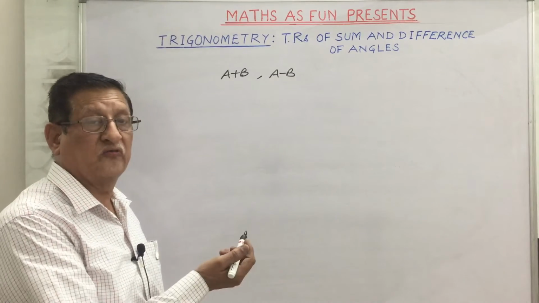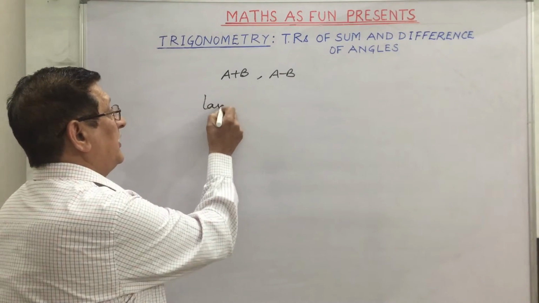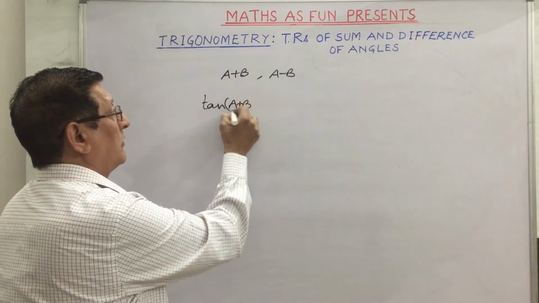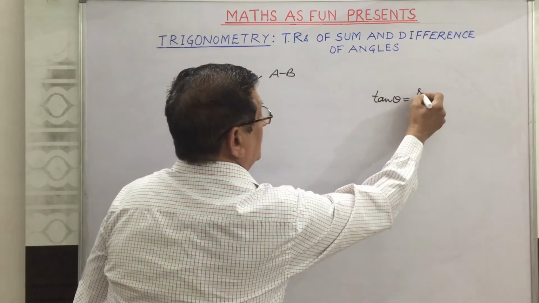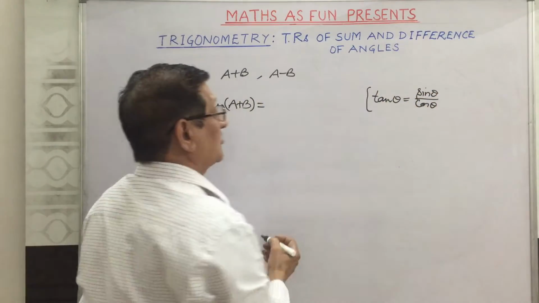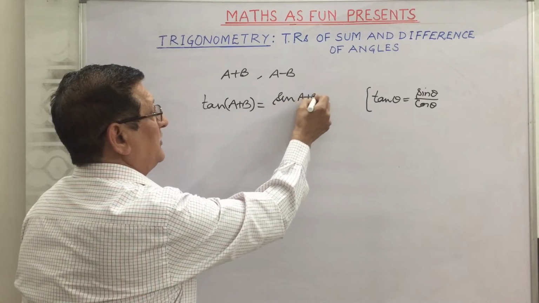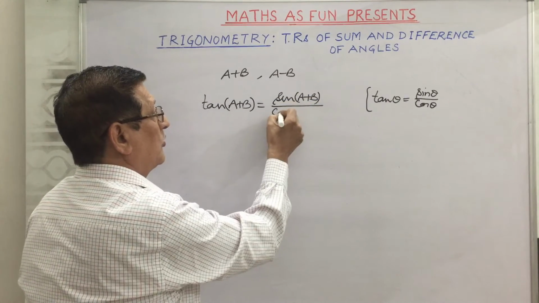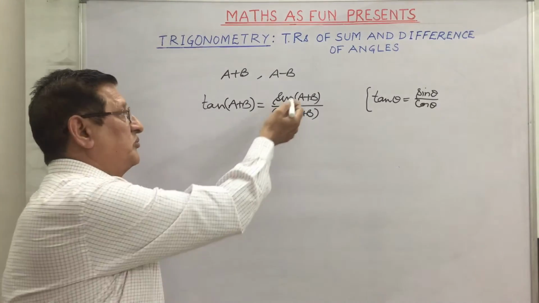Now suppose we want to find out the formula for tan A plus B. We know that tan theta is equal to sine theta upon cos theta. So can we write here, this will be sine A plus B upon cos of A plus B. And we have just now learned the formula for both.